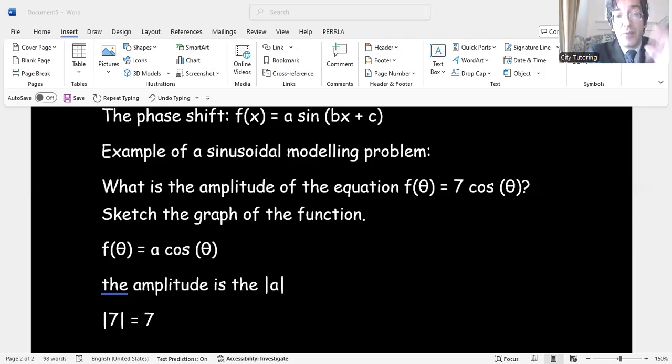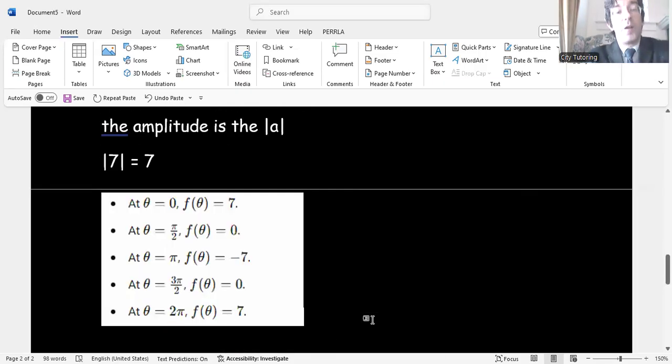Here is the table of values. At theta equals 0, it's 7. At pi over 2, it's 0. At pi, -7. At 3 pi over 2, 0. And then it goes back to 7 at 2 pi.